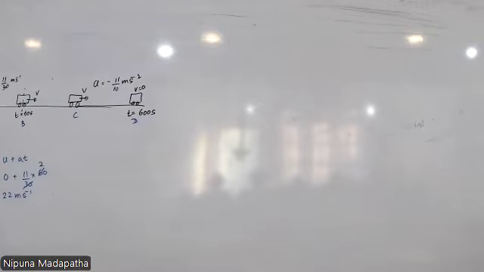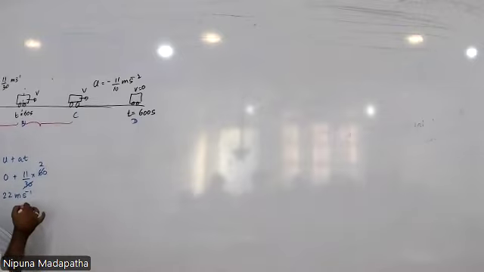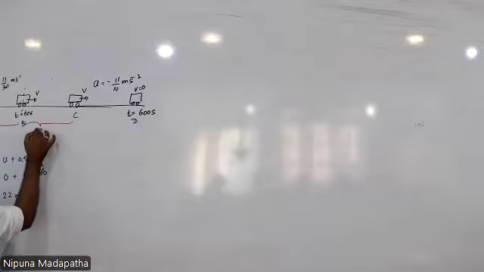Then, find the total displacement. Total displacement consists of three parts. The displacement during the acceleration period is S1. The displacement done by the uniform motion is S2.